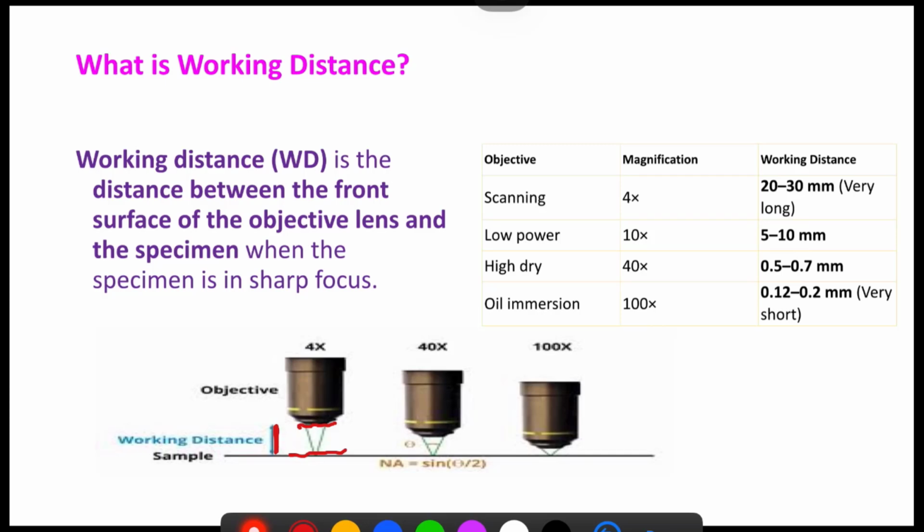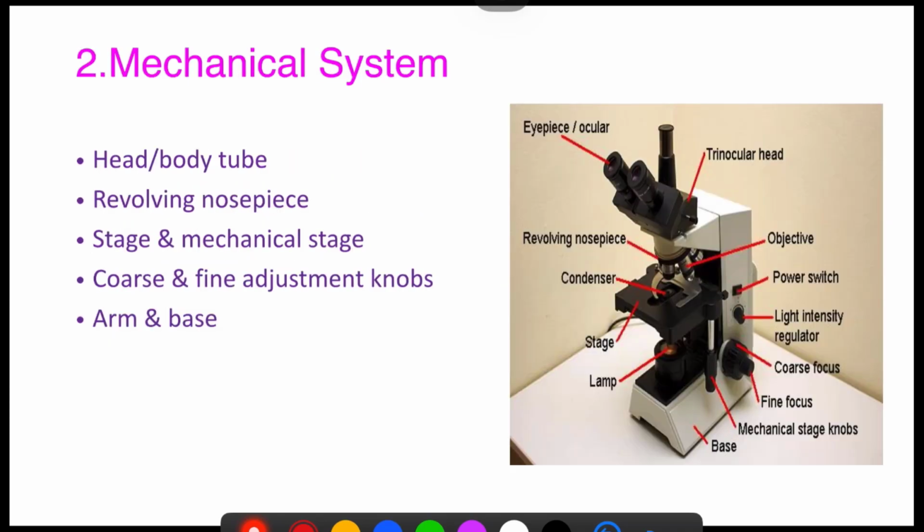The scanner, which is 4x, has the highest working distance, maybe 20 to 30 millimeter depending upon the lens length, and oil immersion will have the lowest or very short working distance, 0.12 to 0.2 mm. Low power has 5 to 10 mm, and 40x has 0.5 to 0.7 mm.